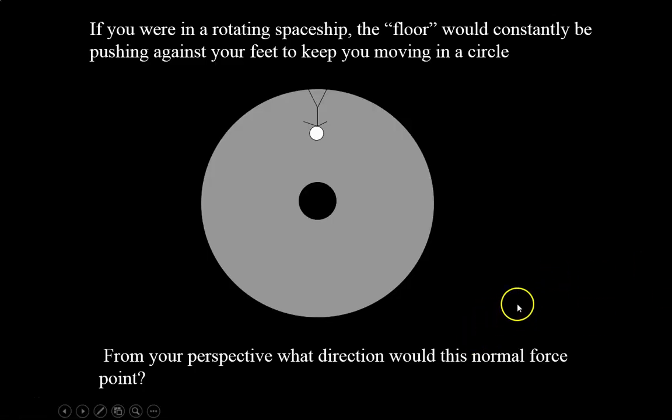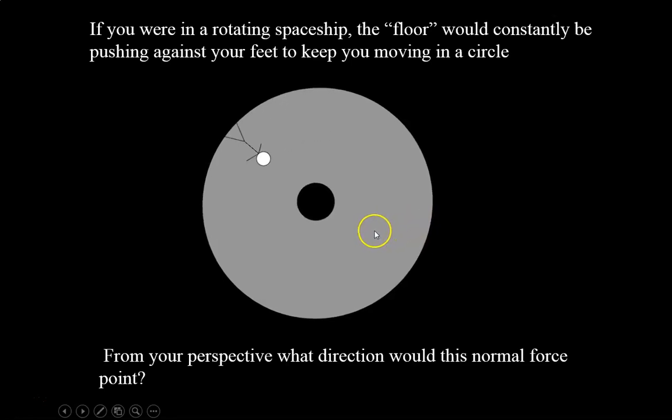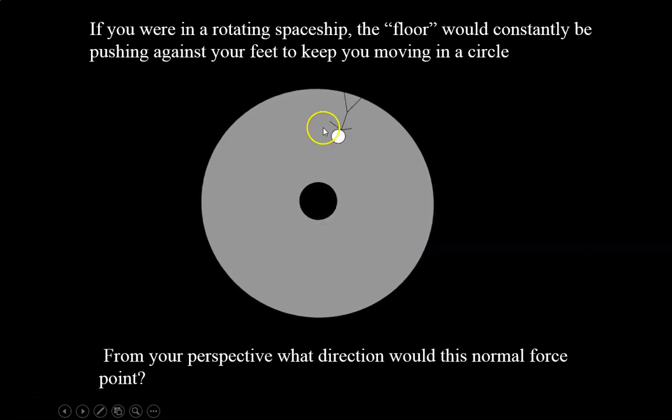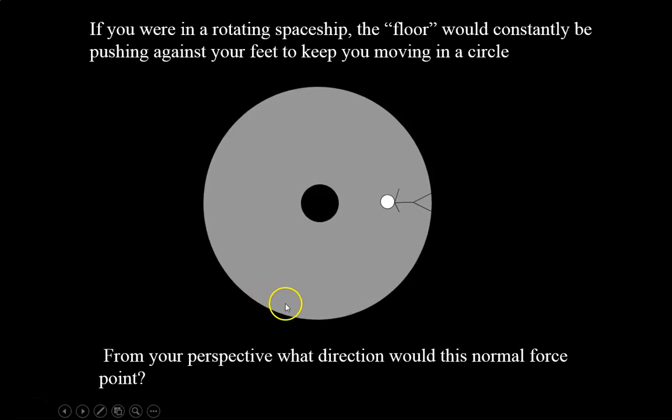In a lot of movies, they portray spaceships as having a rotating portion, and so this is my spaceship, and we're rotating in outer space, and so we're traveling in a circle, which means there's a centripetal force and a tangential velocity and all that stuff. So we're on the floor, the quote unquote floor of the spaceship.